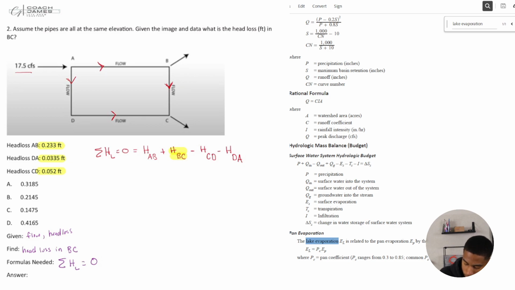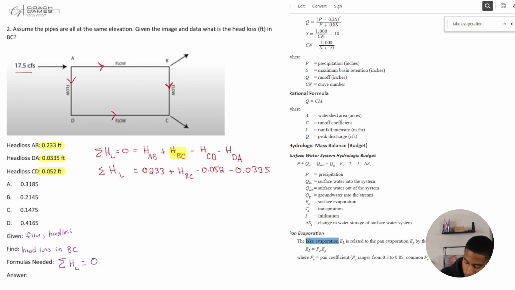So the head loss in AB is equal to 0.233 plus the head loss in BC minus 0.052 minus 0.0335. And so the sum of my head loss goes to 0.